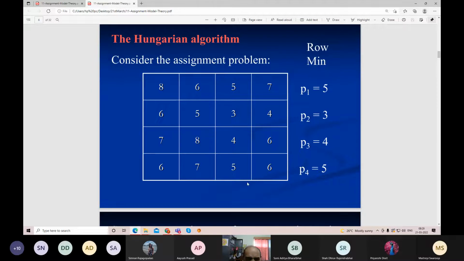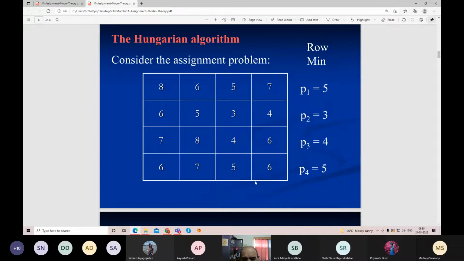So naturally, what will happen here? 5, 3, 4, 5. We will assign whoever has taken the minimum time. So we observe that among all, the second worker is taking the minimum time to complete the third job. So he may be assigned to complete the third job. Second worker, may be third job. But this is not the way.